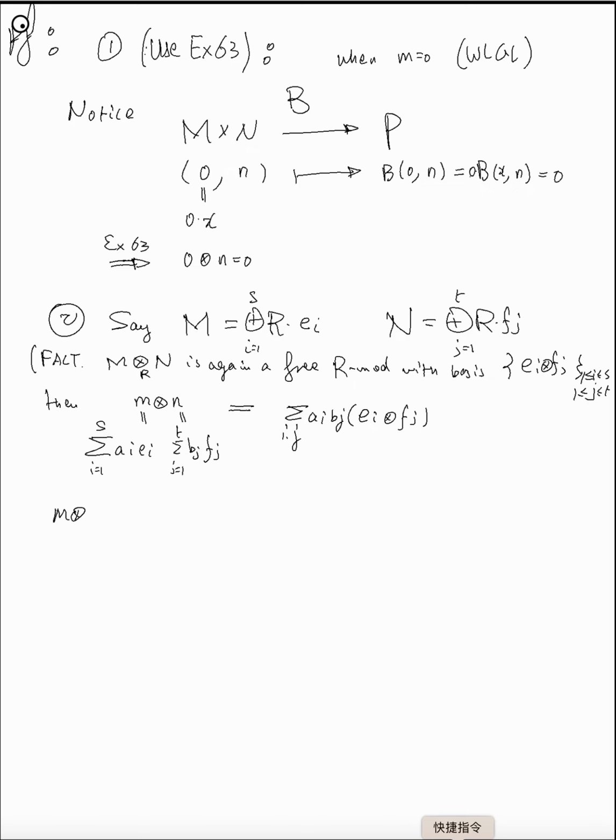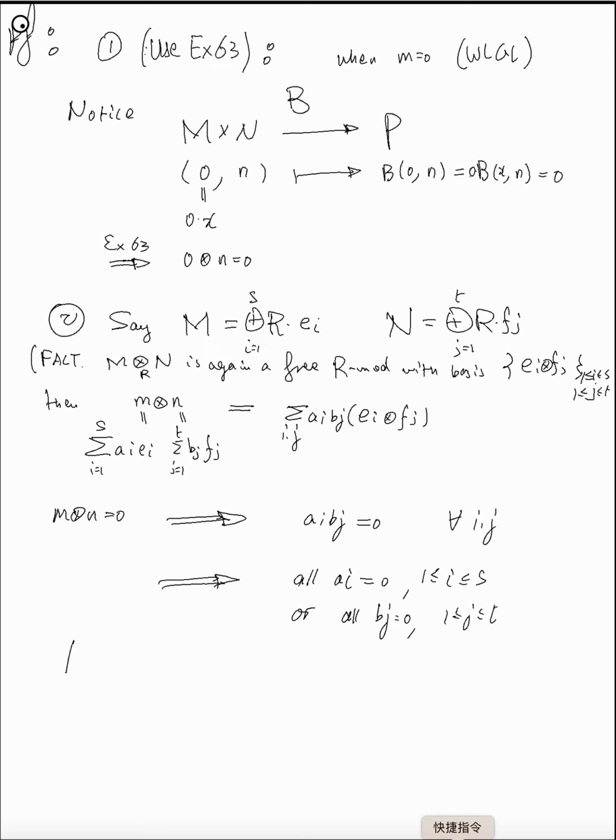And so this equals 0 would imply all those coefficients are 0, for all i, j. And this implies in particular all a_i equals 0 or all b_j equals 0, because if not, then there exist some a_s0 not 0, and b_t0 not 0, then the product is not 0.